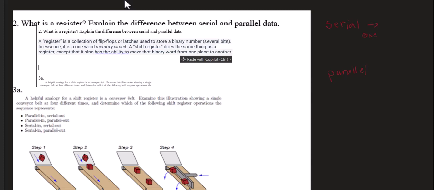Yeah, serial, you do things one at a time, and parallel, you do multiple at once. So when you talk about parallel processing, it means that you're processing more than one thing at the same time. Serial processing means you're processing one thing right after the other.